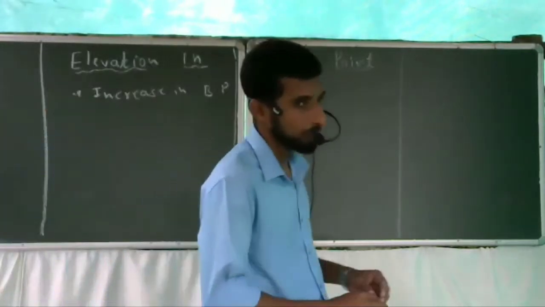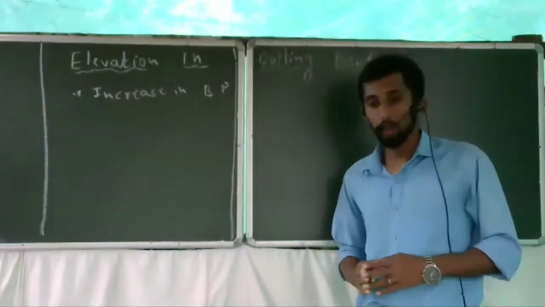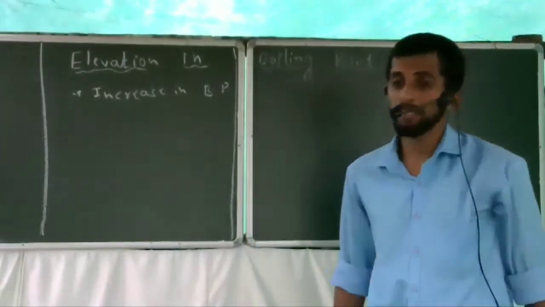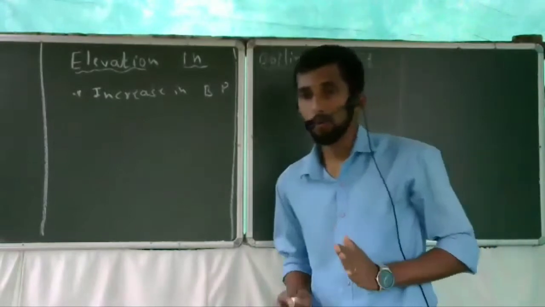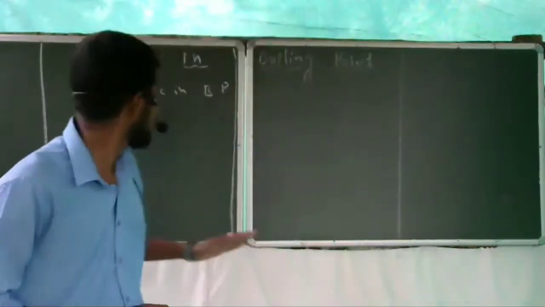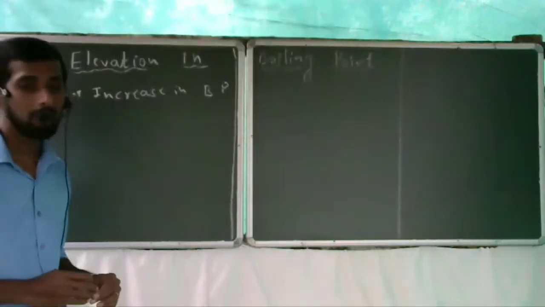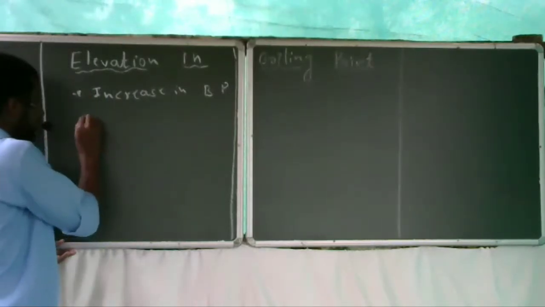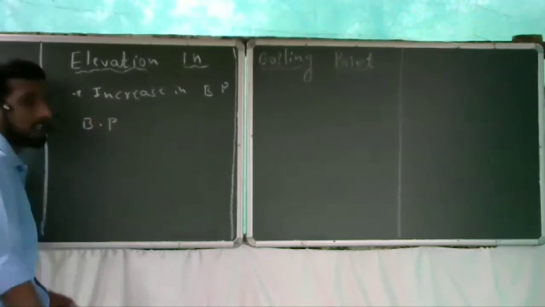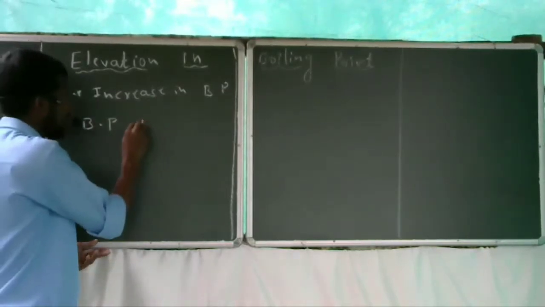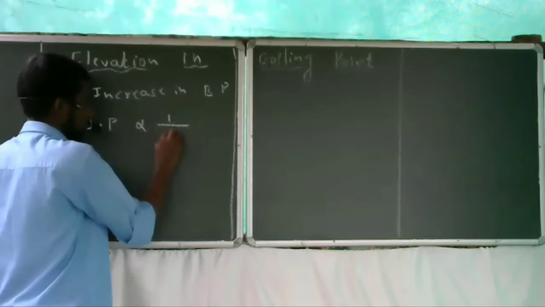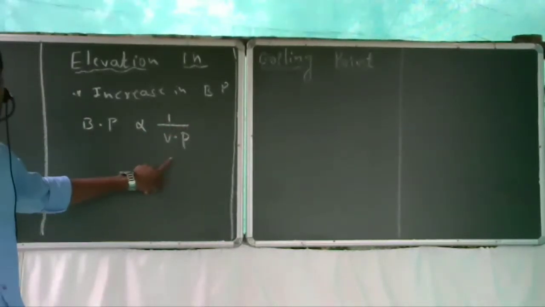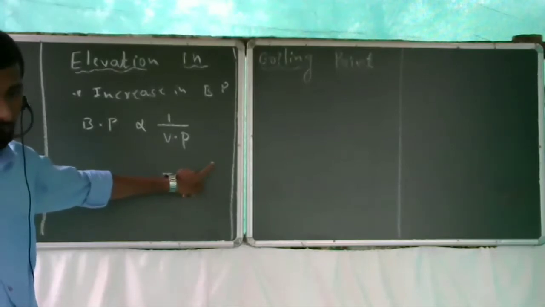You know, if you add a non-volatile solid to a volatile solvent, its vapor pressure decreases, right? Then we'll go for one relation between vapor pressure and boiling point. You already know the boiling point of a liquid is inversely proportional to its vapor pressure.